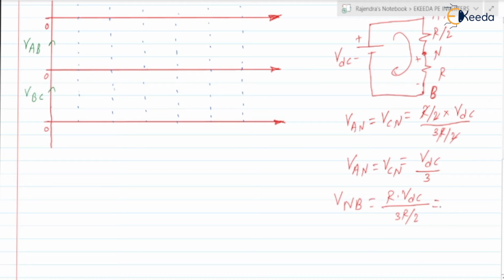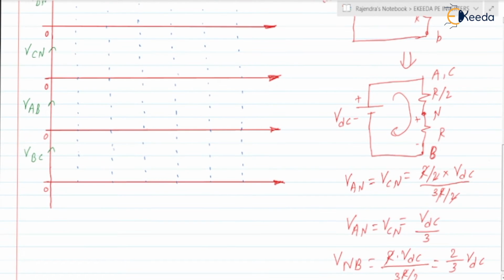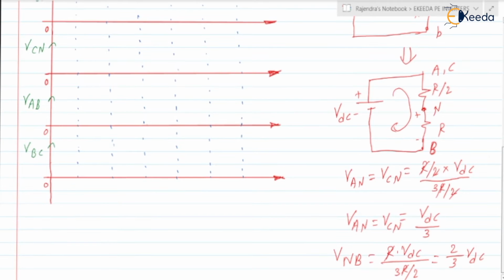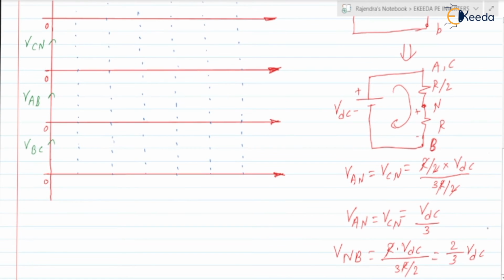R gets cancelled, so it is 2 by 3 VDC. This is VNB. If we draw the plot for VAN, VCN and VBN, VAN and VCN are VDC by 3, and VNB is 2 VDC by 3.